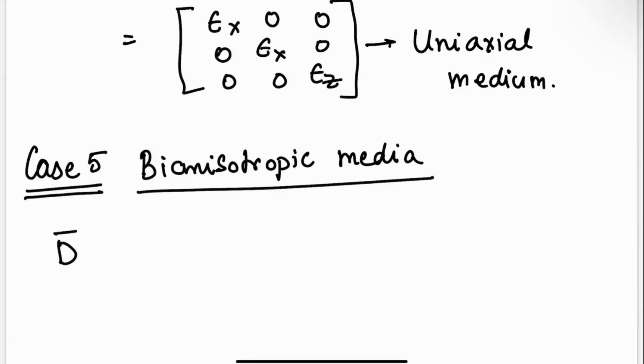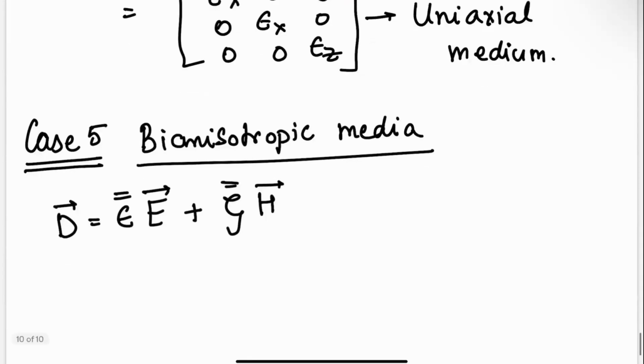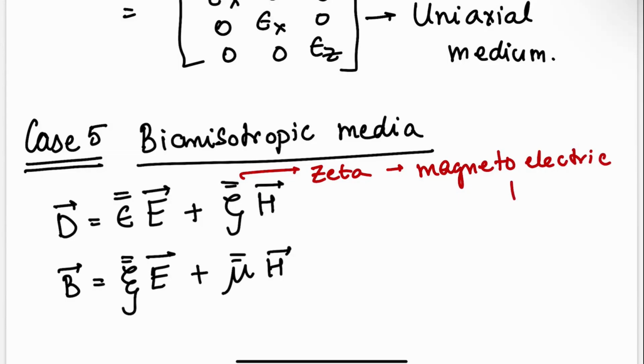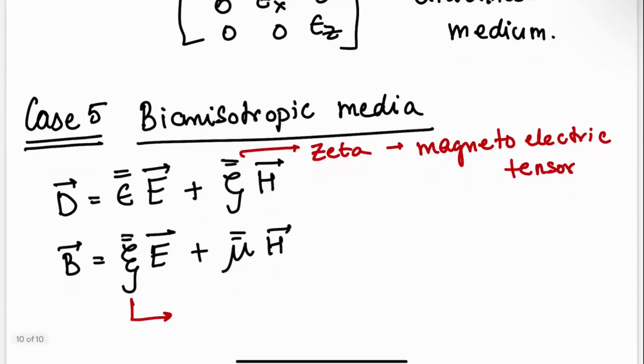This is the most general case in the linear response domain, where the D field is a function of both E and H, and it's related by tensor quantities to both: D equals epsilon tensor E plus xi tensor H, and B equals zeta tensor E plus mu tensor H. The symbol zeta is sometimes called the magnetoelectric tensor, and xi is called the electromagnetic tensor.